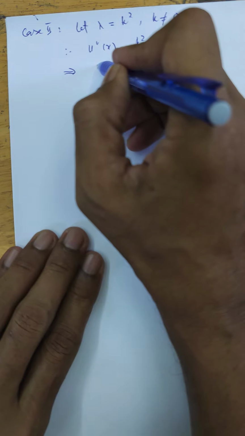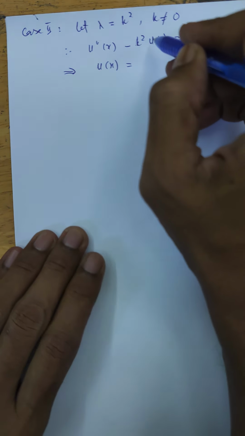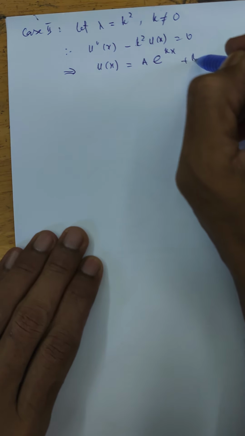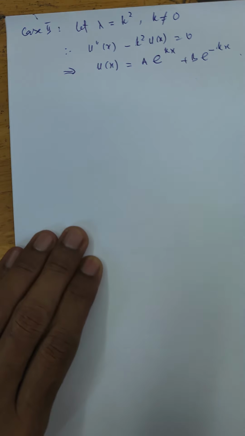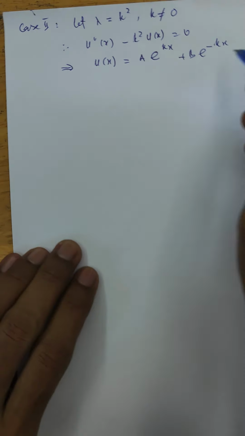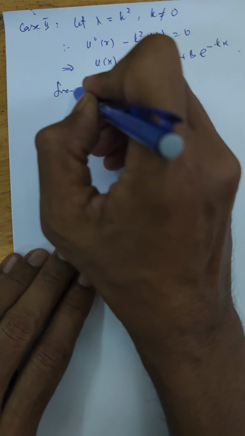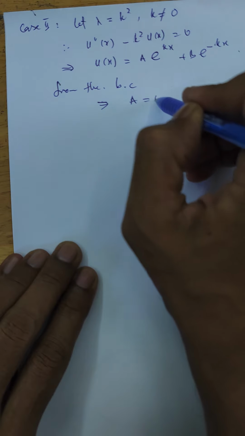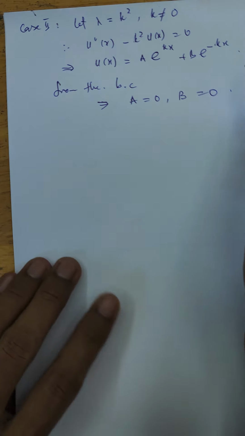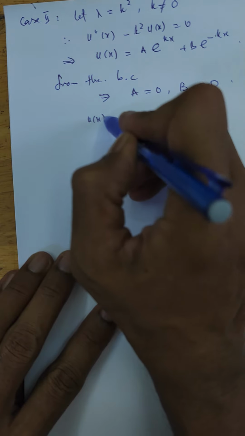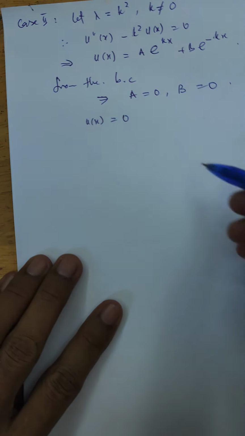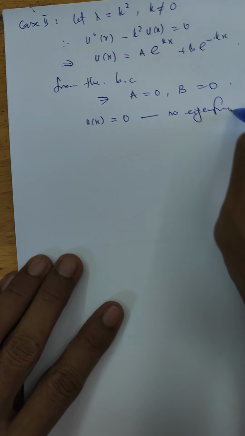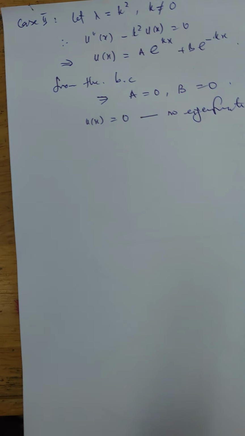The general solution is given as u(x) equal to a e^(kx) plus b e^(-kx), and then again we apply the boundary condition. From the boundary condition we have again a equal to 0 and b equal to 0. Then we have u(x) is equal to 0. Again we have a trivial solution, so therefore no eigenfunction, and lambda is again not an eigenvalue.